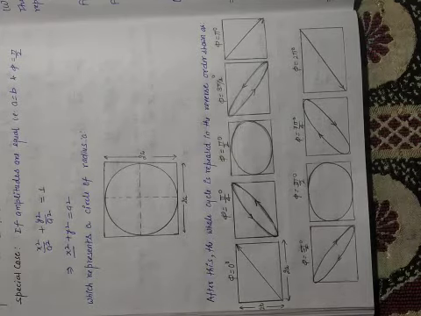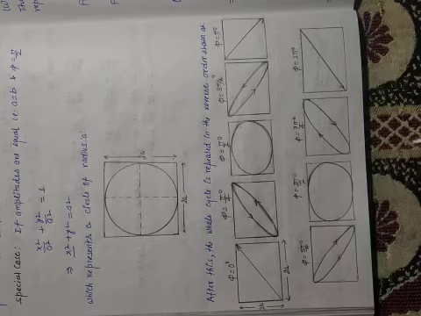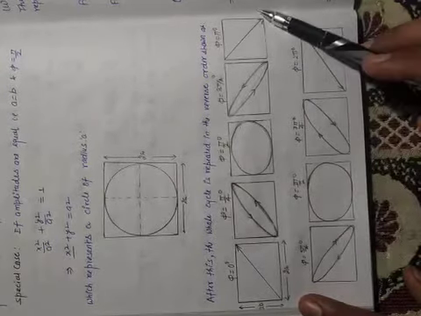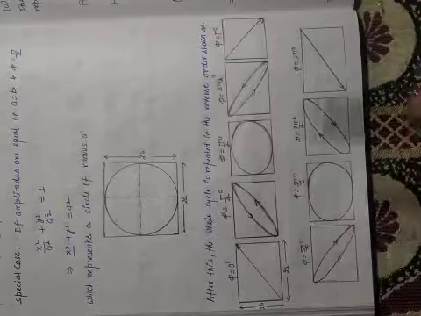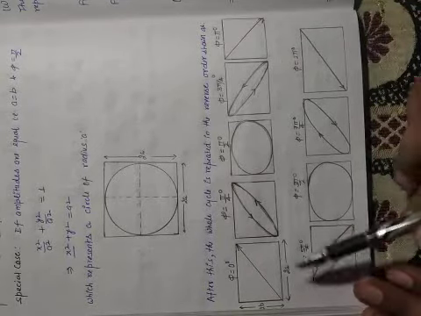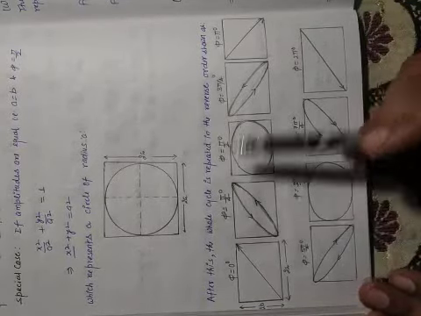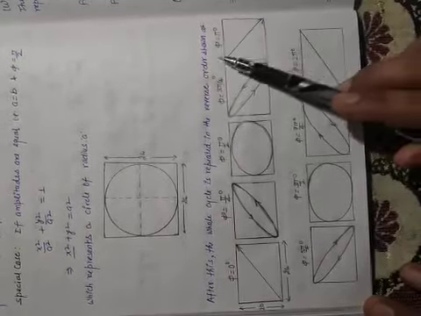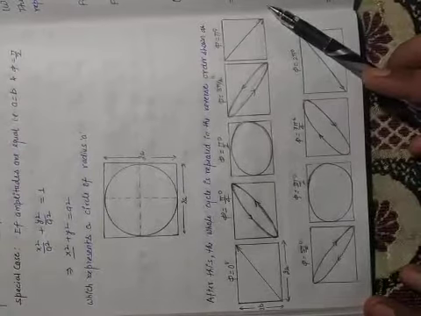But at some point these figures repeat themselves. Look here, this figure is repeated by this figure, although the quadrants are different. This is the equation of a straight line, and this is also the equation of a straight line.